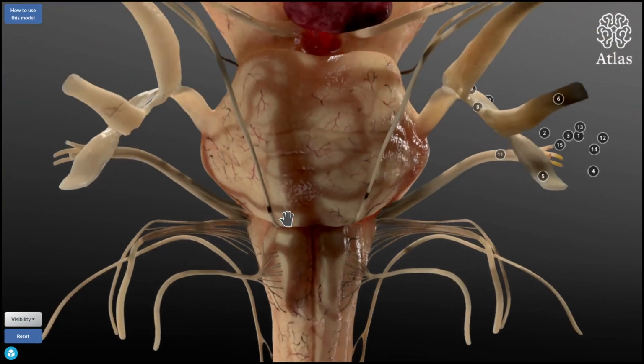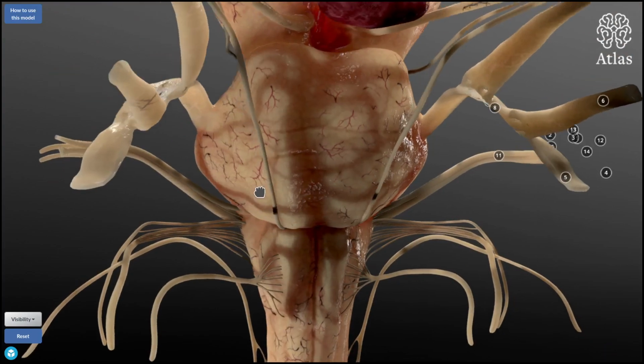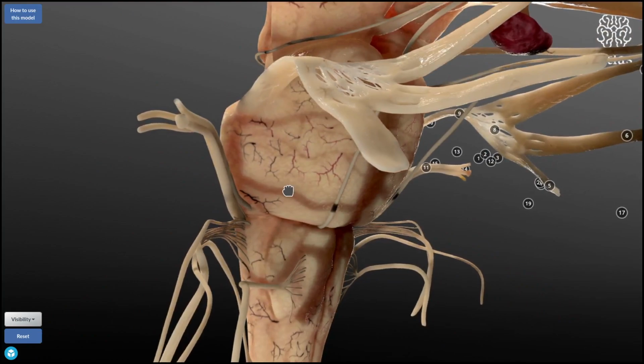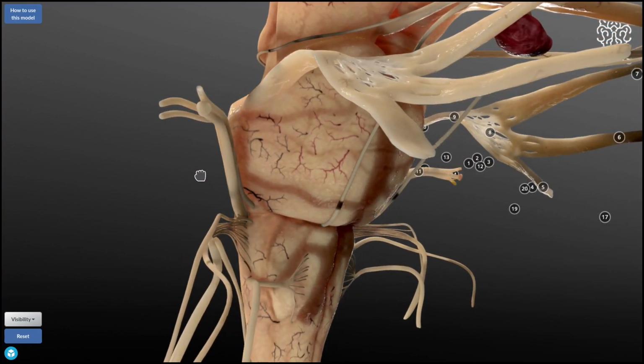So to continue on with that sulcus here, the pontomedullary sulcus, if we rotate the brainstem like this, we follow the sulcus and we see these two cranial nerves here. One goes to move your facial muscles, whereas the other one goes into your cochlea and your labyrinth.